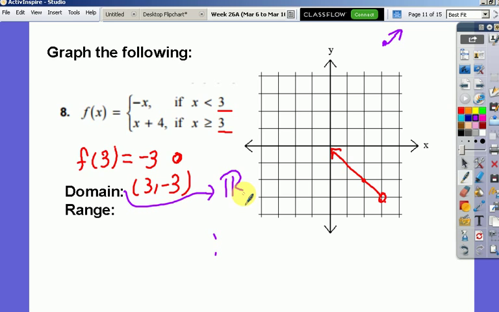So I have, this red one is, y is greater than negative 3, and y is greater than 7, or 4. I should have started, yeah, 1, 2, 3, 4.